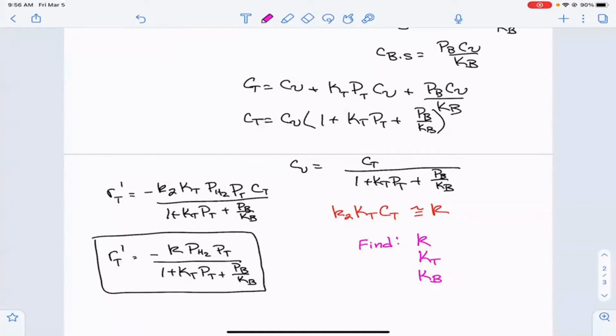What was the advantage of changing K2KT to just K? Are we going to be able to find that more easily through the experimental data? Yeah, so we will not be able to independently find these three things. And so often what's done instead, especially because this is going to be constant, is to lump them into one parameter.